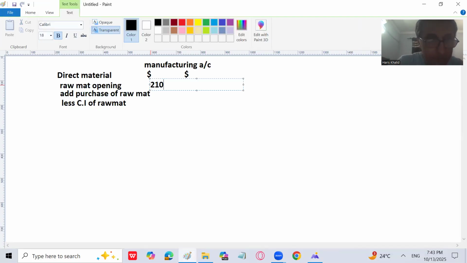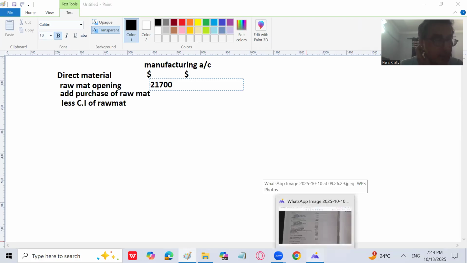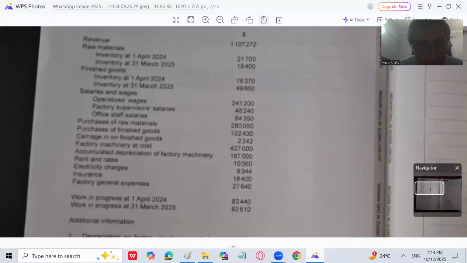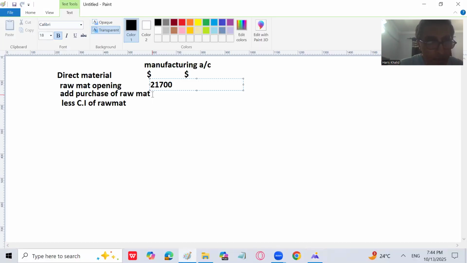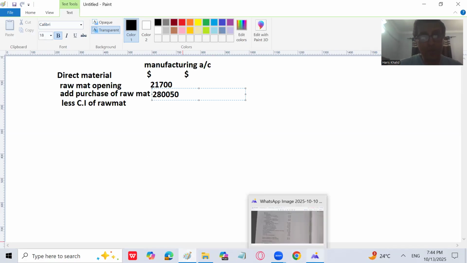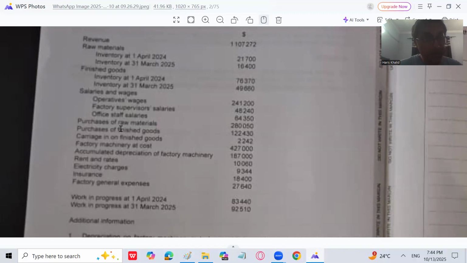So let me write it down. 21700. And purchase of raw material, let's see the amount. That is going to be 280050. Then raw material closing inventory. Let's see if any other thing is given.